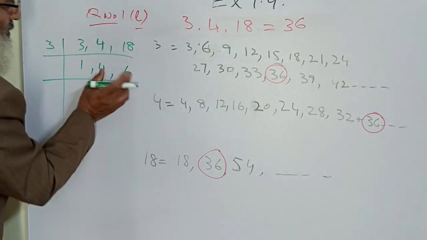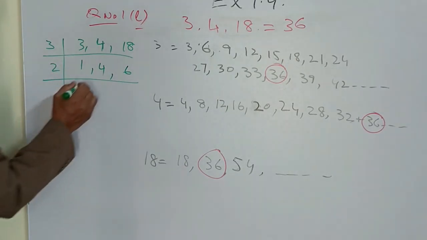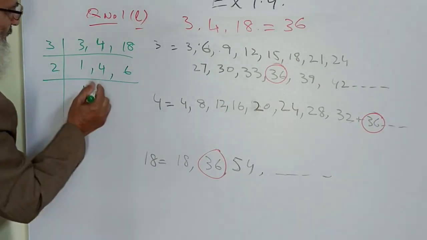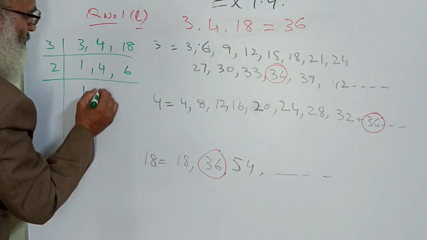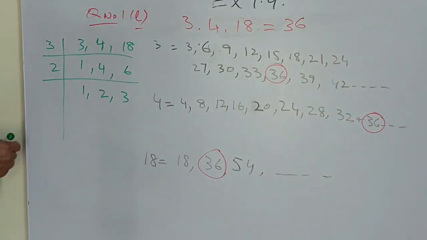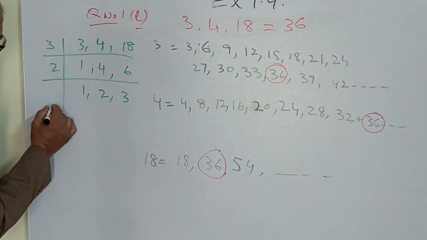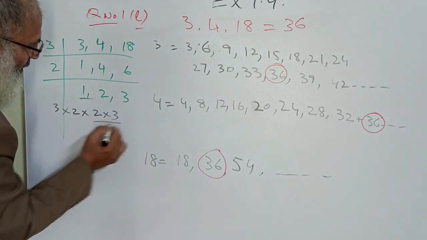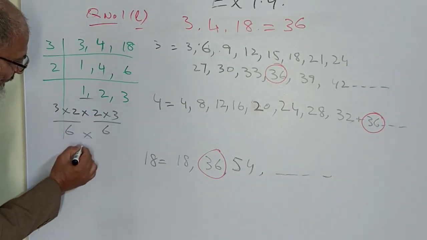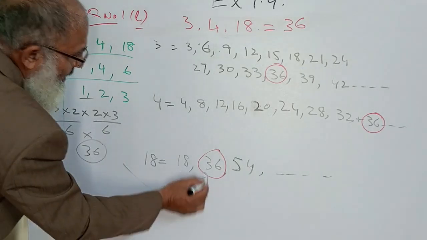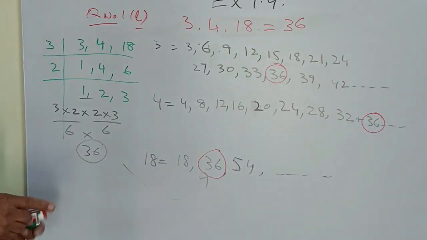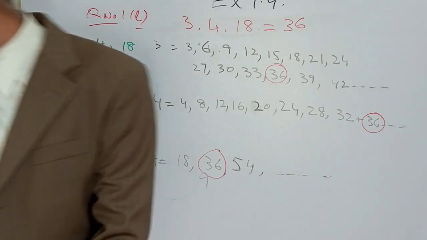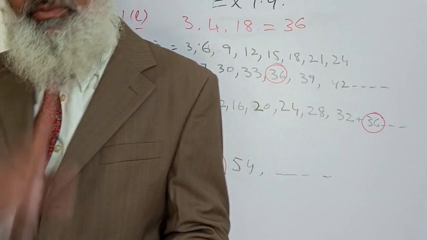Now the two numbers can be divisible by 2. 1 cannot be divisible, write this number as it is. 2 twos are 4 and 2 threes are 6. Now what we do? We just multiply all these numbers. That is 3, 2, leave this 2 and 3. Now this is 6, again this is 6, 6 multiplied by 6 is 36. Same answer.